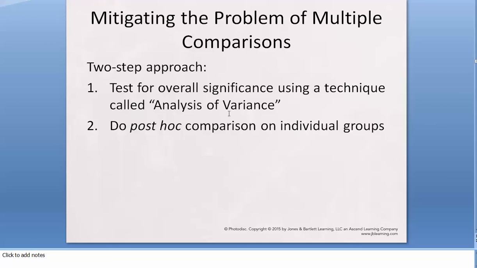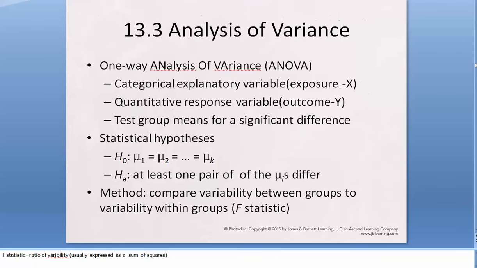That means in that pair, the two means are different from each other. Then you will do individual pairwise comparisons. So these are the two different steps involved. We first do an overall test of hypothesis, and that is using analysis of variance.